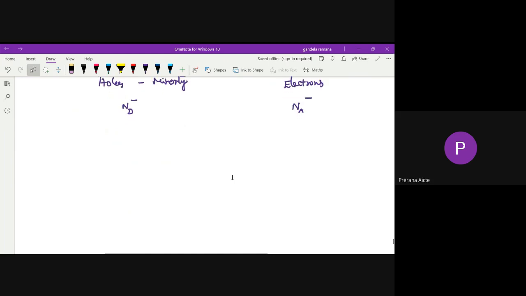When the material is electrically neutral, positive charge is equal to negative charge.